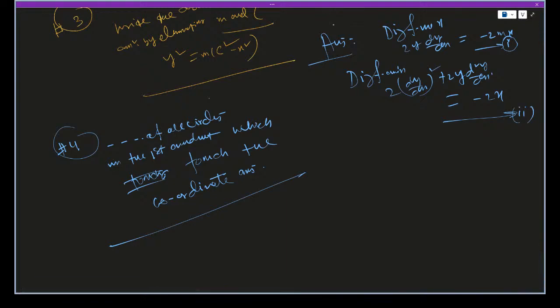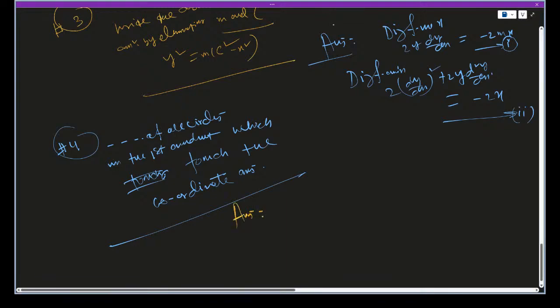How to answer this question? Just use your common sense of finding the equation of a circle. The circle will lie in the first quadrant, it is given, and it is touching both the x and y axes. Clear?